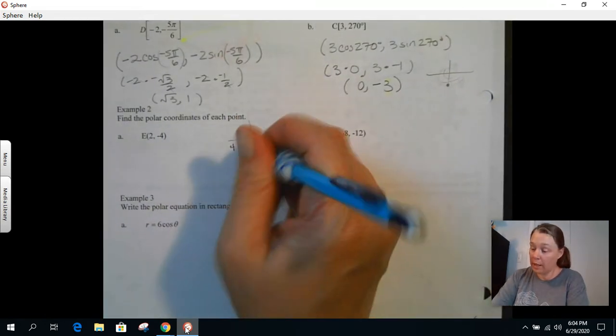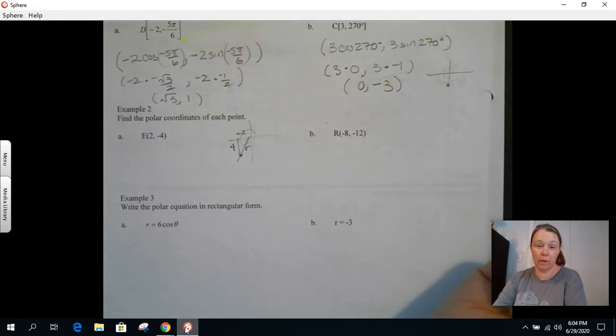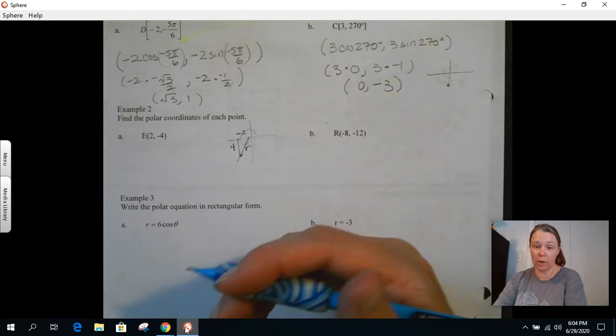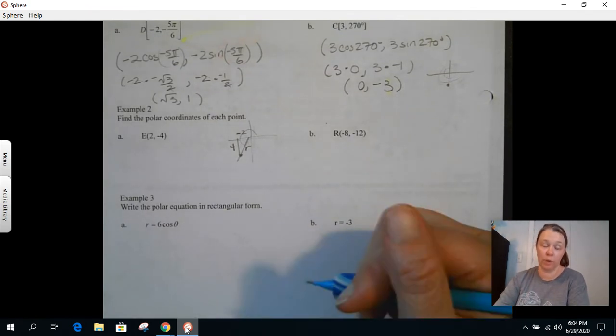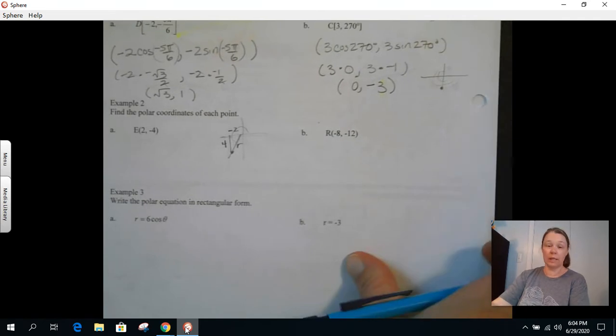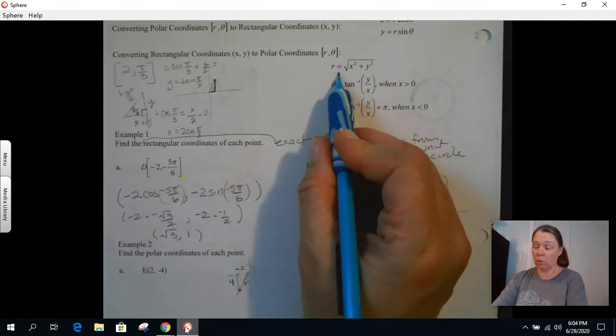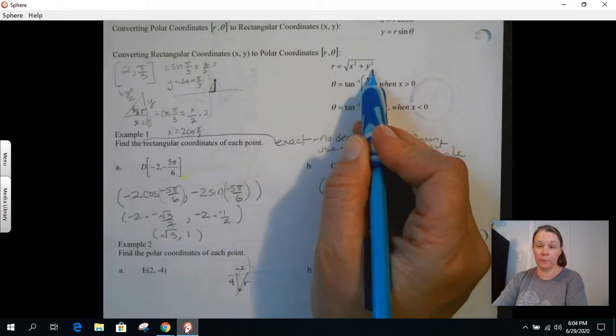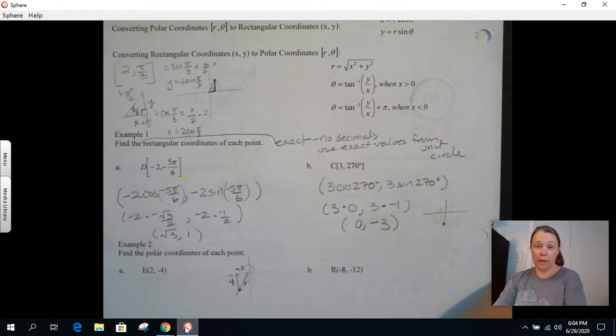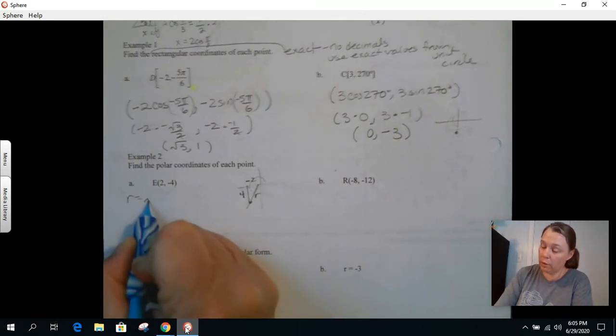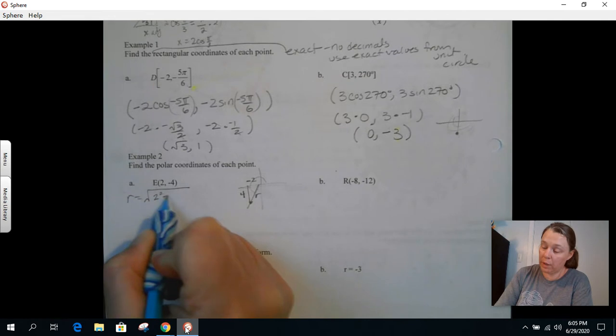Well, to get my radius, I would have to use the Pythagorean theorem, right? I have to do r squared equals -2 squared plus 4 squared, and then take the square root. And that's how we're going to find our radius in general, and it's up here. R is the square root of x squared plus y squared, just like magnitude, last chapter. Okay, so let's get our R. It's the square root of a squared plus b squared.